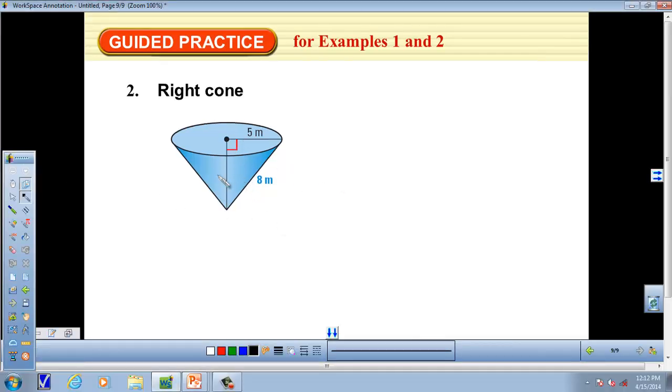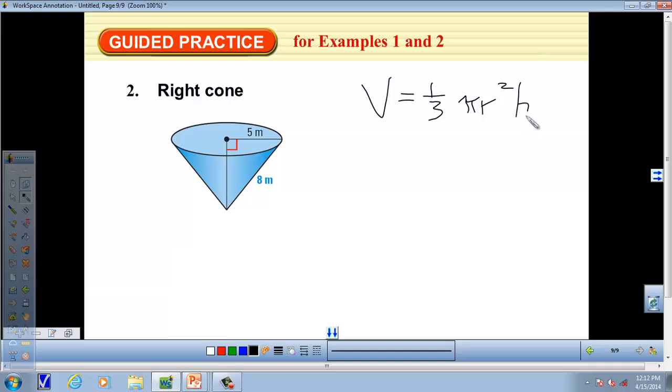If you notice, they don't give us the height here, and we do need the height, because the formula is 1/3 pi r squared times the height. So we're going to have to use the Pythagorean theorem because you notice this is a right triangle. So if I call this h, I can say h squared plus 5 squared equals 8 squared, or h squared plus 25 equals 64.